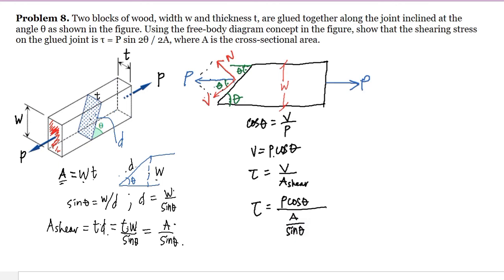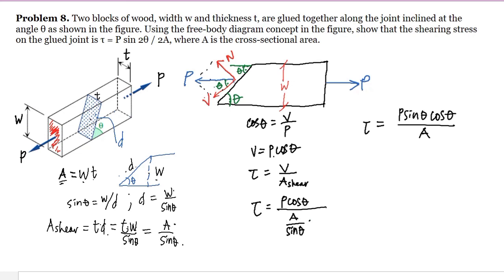So simplifying further, we have the shear stress is equal to P sine theta cosine theta over the area, since we're just going to take the reciprocal of this and proceed to multiplication.